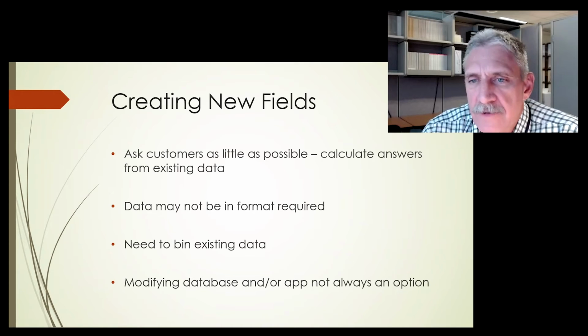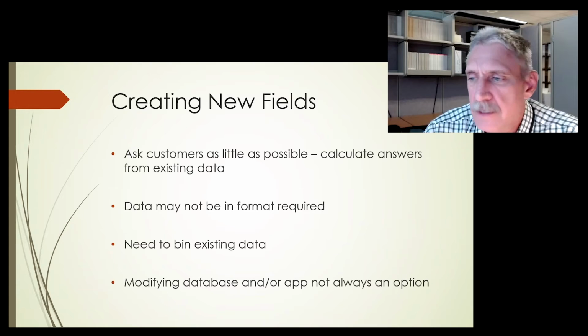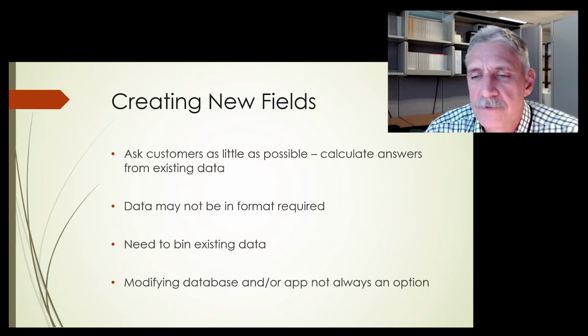But the data that you do have might not be in the format that you need, and you might need to bin existing data. So you've got age, but what you really need is whether they're an adult or a kid for something, because you're not going to send the kids any marketing. Now you could just say if they're under 18 years of age, but maybe you need to actually do a frequency count first to tell people that 81% of your database is adults and 19% kids.